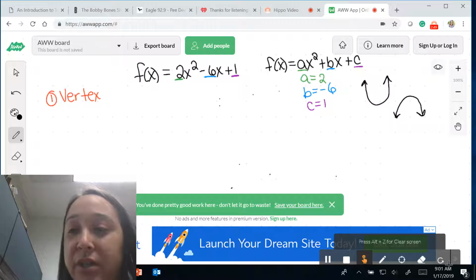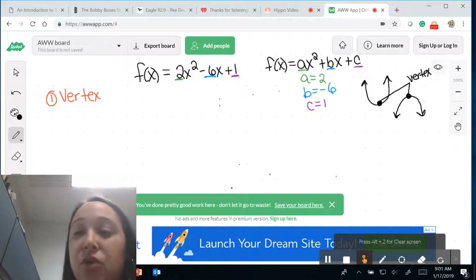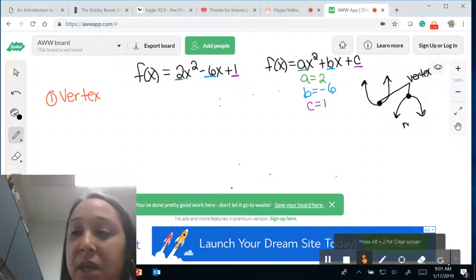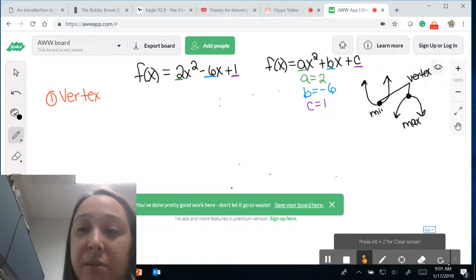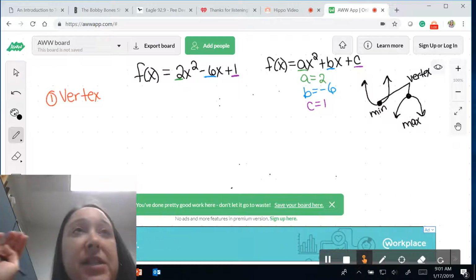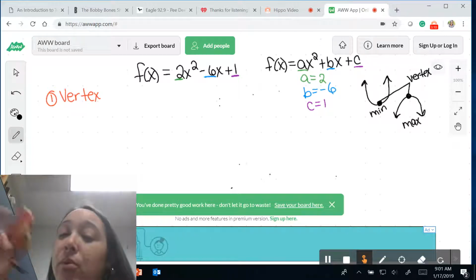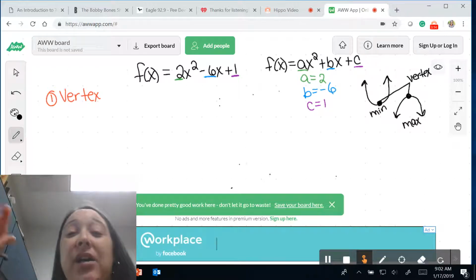When you're finding your vertex, you're finding this point here. Your vertex is either the maximum or the minimum on that quadratic. You cannot have both. It's that turning point on the graph, and that's what we want to find without graphing our quadratic.